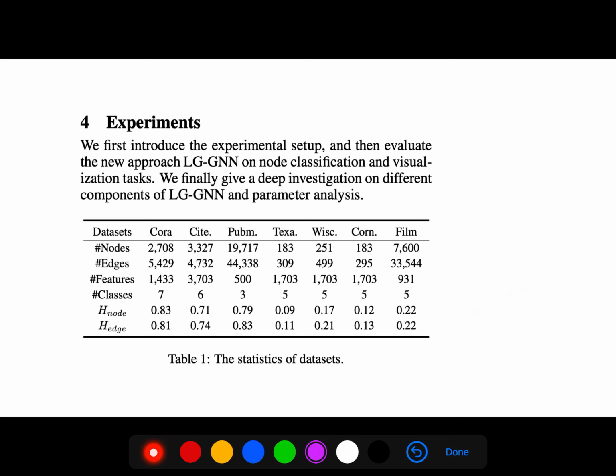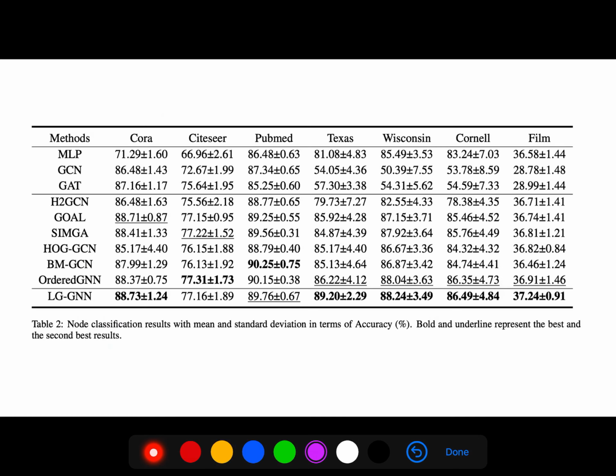They did experiments on Cora, Citeseer, PubMed, Texas, and other datasets. You can see the homophily of nodes and edges, a measure of how difficult the problem is. It's also interesting that we compare it with MLP as well.